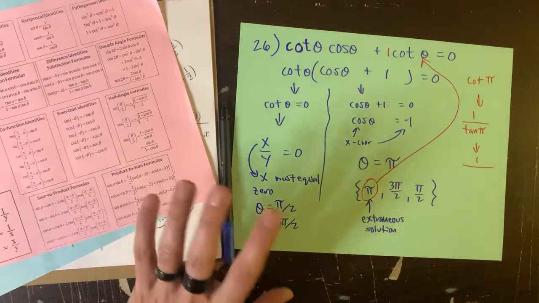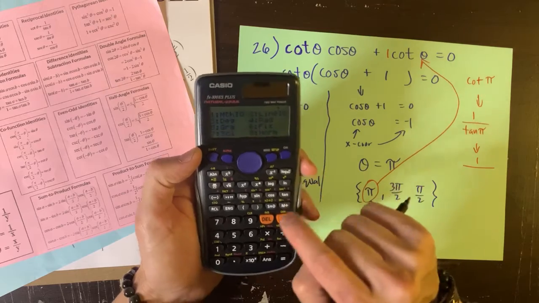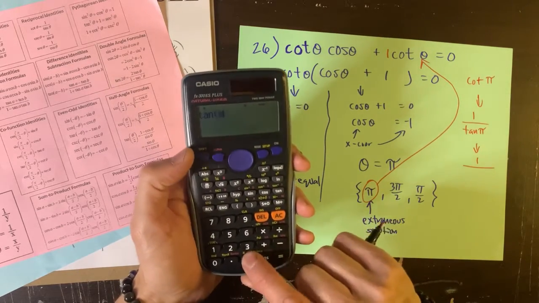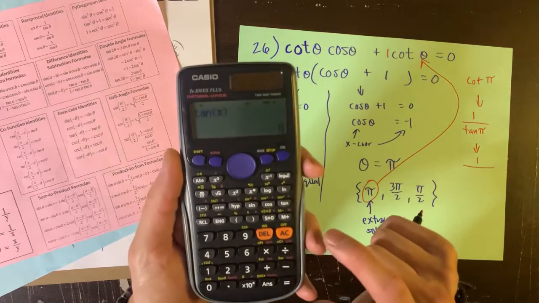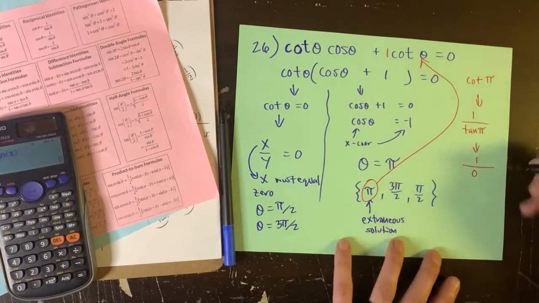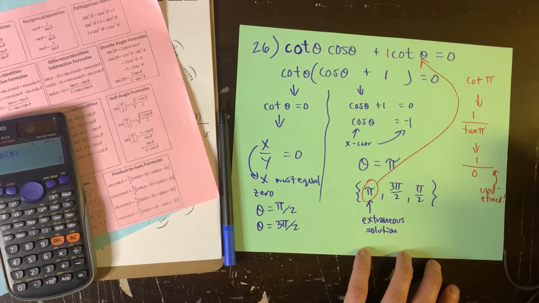On a calculator, make sure your calculator is set to radians. If you type in the tangent of pi and hit enter, it says 0. So this is the same as 1 divided by 0, but 1 divided by 0 is undefined, right? We cannot divide by 0.